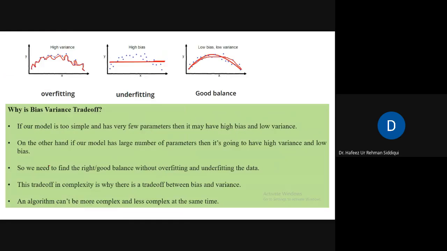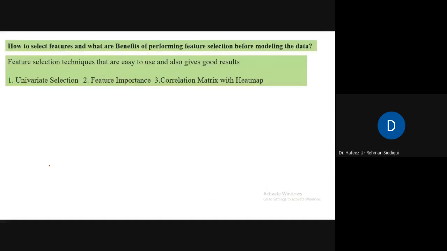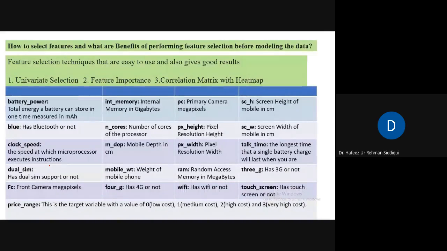So these are just a few points about adjusting or tuning your model. We have gone through feature selection, and the techniques to get important features, univariate feature importance and correlation matrix with heat map.